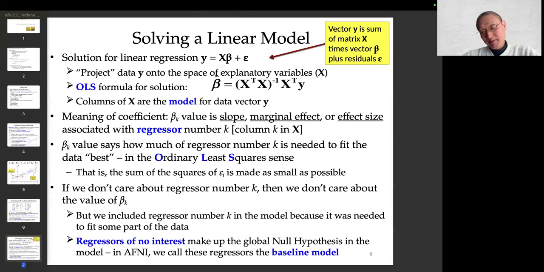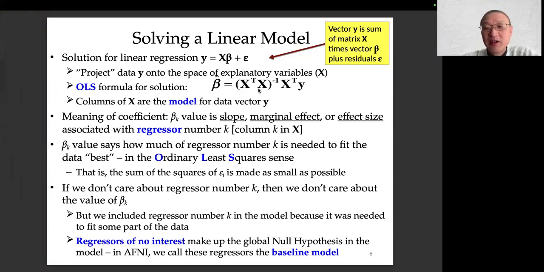Once we have the model in matrix format, we can solve it, right? If you still remember what you learned in a statistics course, that process is called ordinary least squares. So we solve it with this formula.